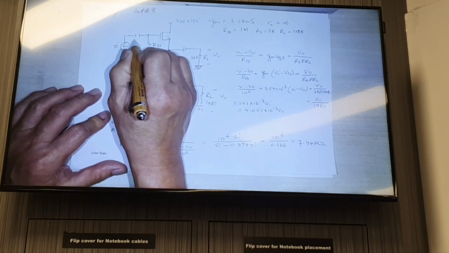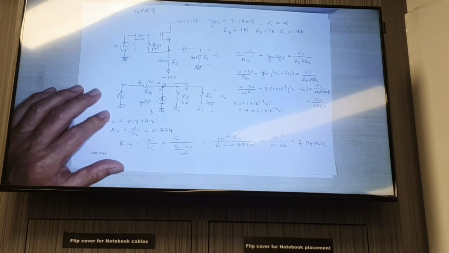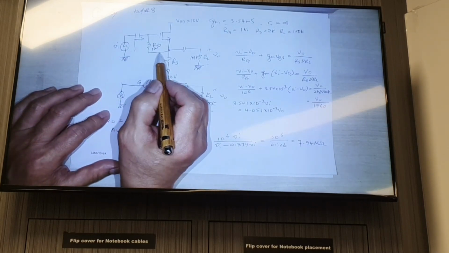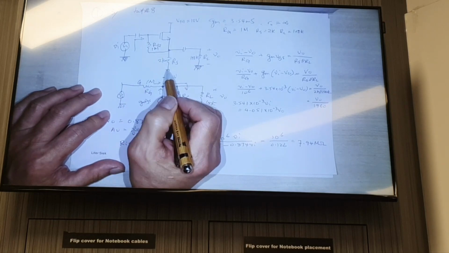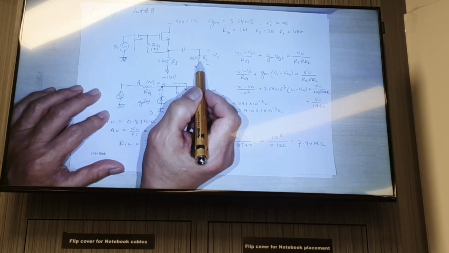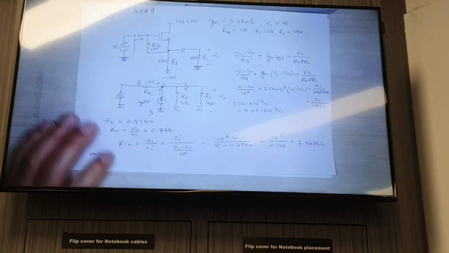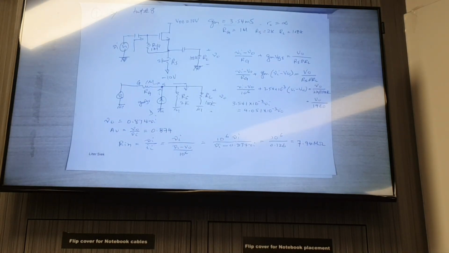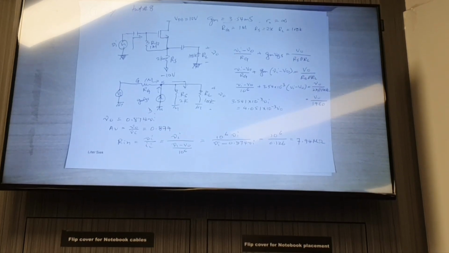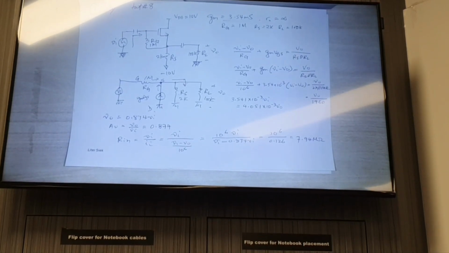It will never add up to 7.94 meg, yet because of this configuration, the actual input resistance has been bootstrapped to a value that is so much bigger than the actual value of the resistors being put in together.